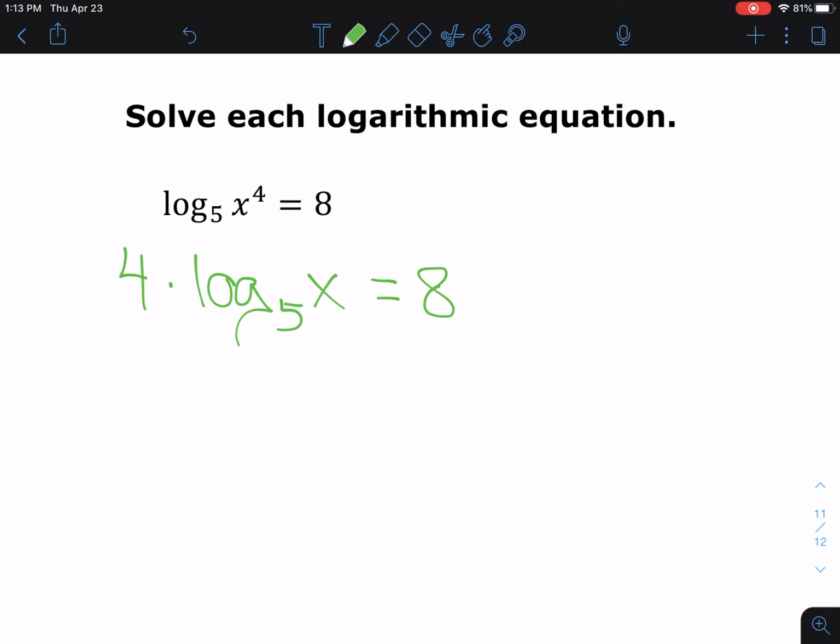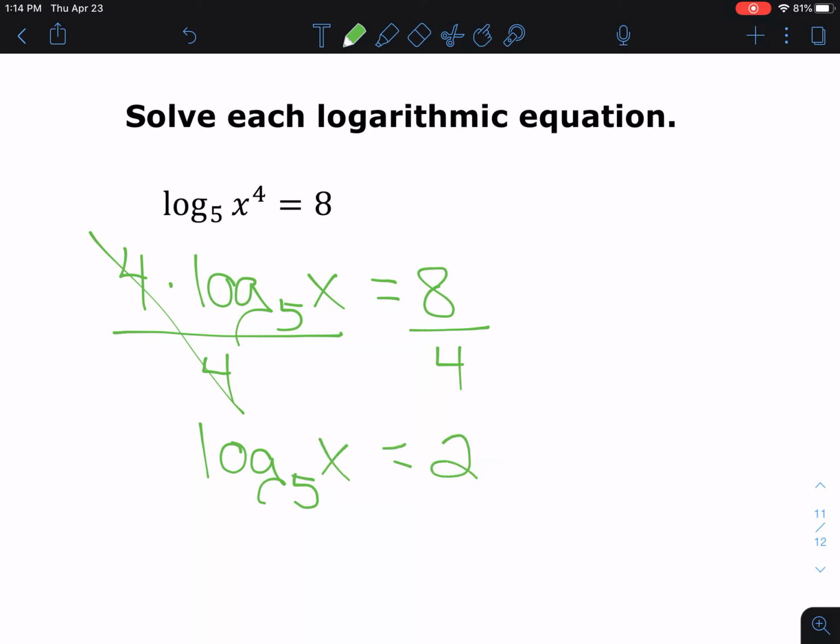Okay, now again, still this logarithm is not isolated, so before I convert to exponential form, I want to get that by itself. So in order to do that, I actually need to get rid of that 4. Well, it's 4 times log base 5 of x, so we're going to do the opposite. We're going to divide by 4, divide by 4. So now these cancel, and I have log base 5 of x equals 2.